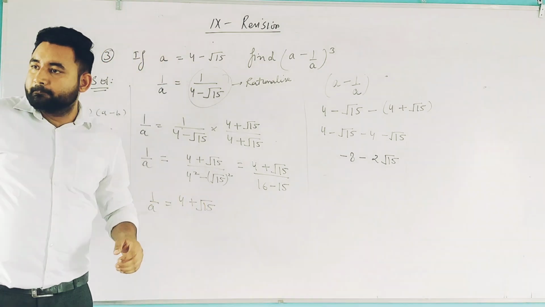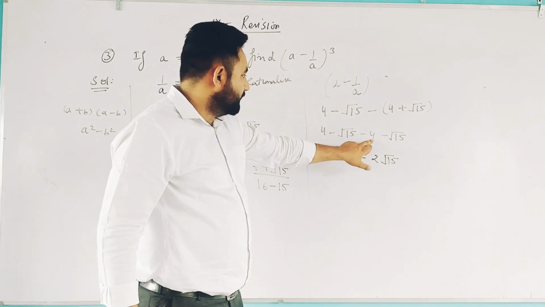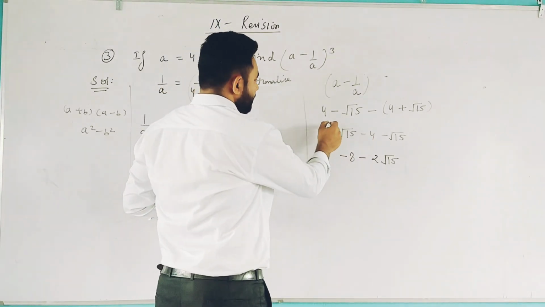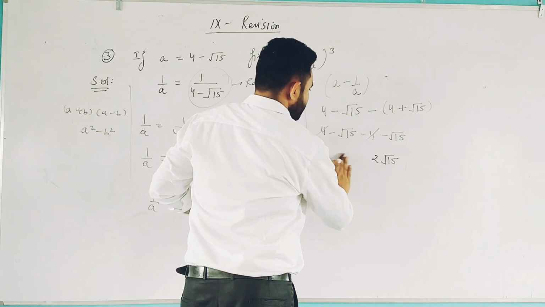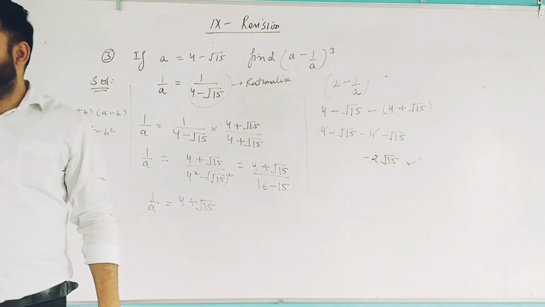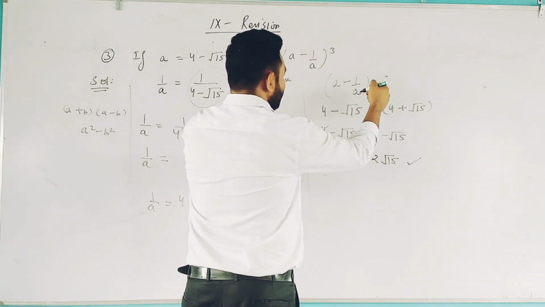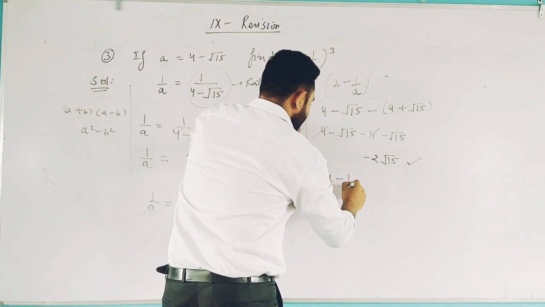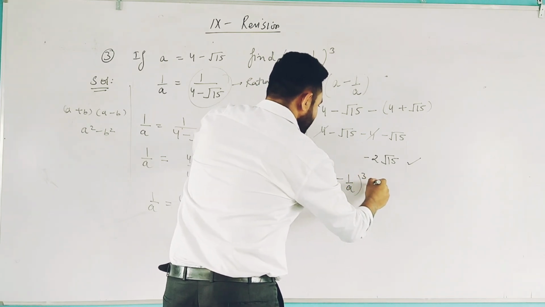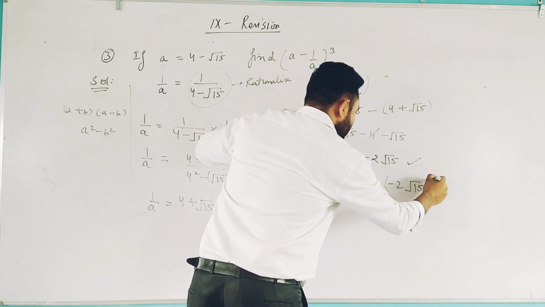This plus 4 and minus 4 will get cancelled, and you will get minus of 2 root 15. And now you need to find the cube of a minus 1 by a, which is minus of 2 root 15 whole cube.